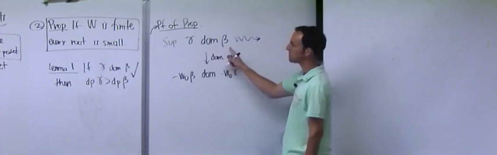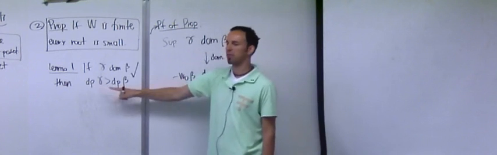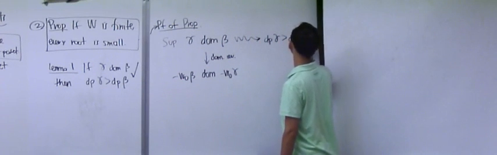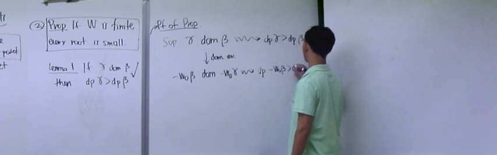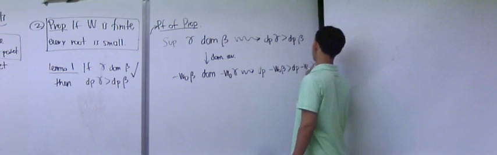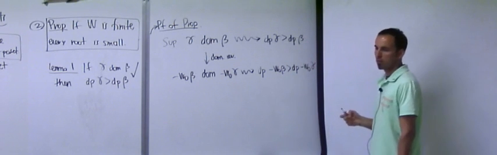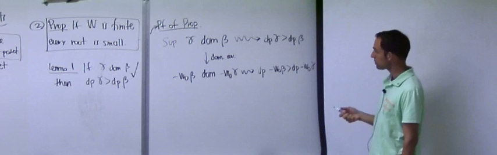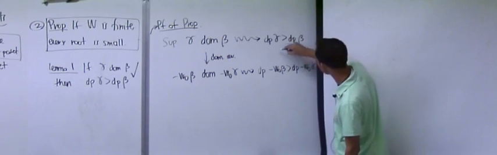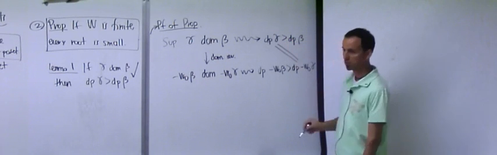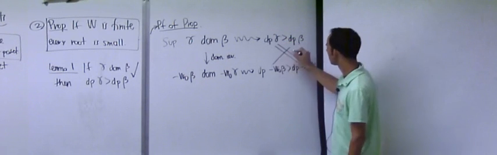Now, if gamma dominates beta, then by my lemma, the depth of gamma is bigger than the depth of beta. And if this dominates this, then the depth of this is bigger than the depth of this. Okay? But this map is depth preserving, and that means that actually this thing is equal to this one, and this thing is equal to this one.